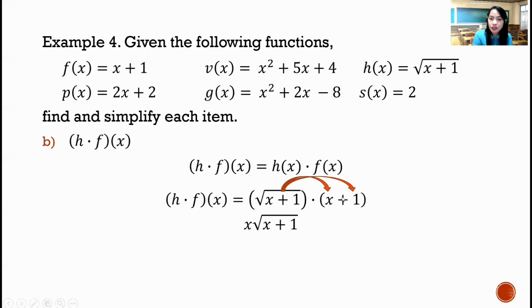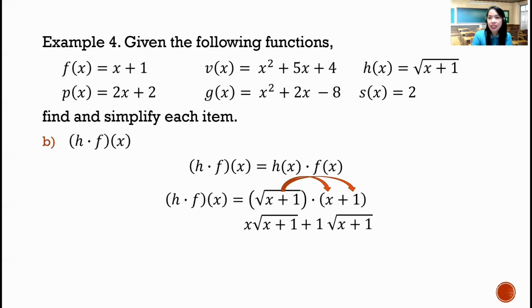So, magiging siyang, do not forget the symbol, that is plus 1 times the square root of the quantity x plus 1. So, pinagtabi lang natin. Kasi we consider this square root of x plus 1 as a variable or one term.